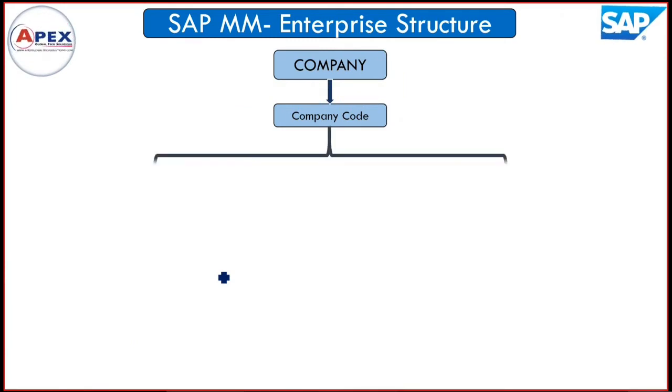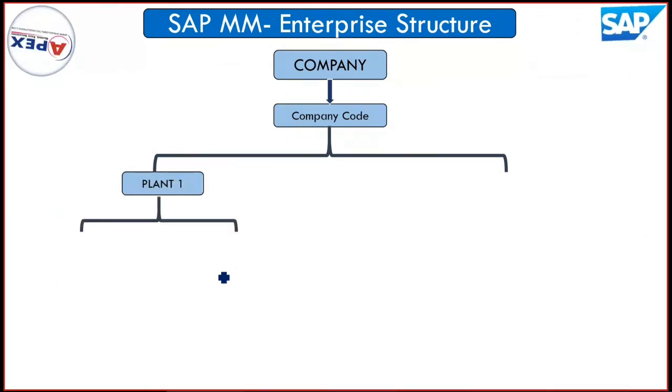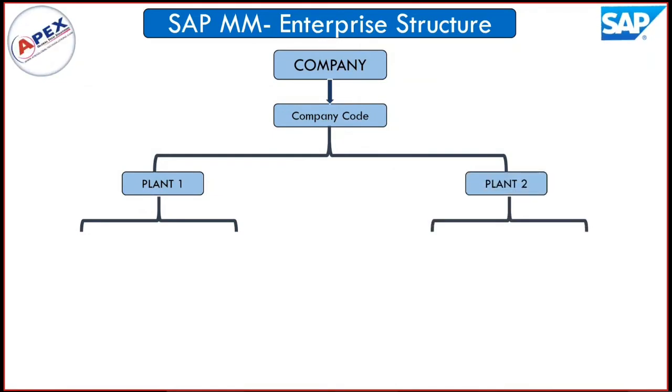See here, under this company code I am going to take a few things. Under this company code, we have plant one. Consider we have plant one and plant two.